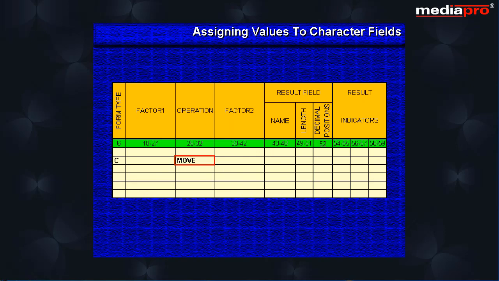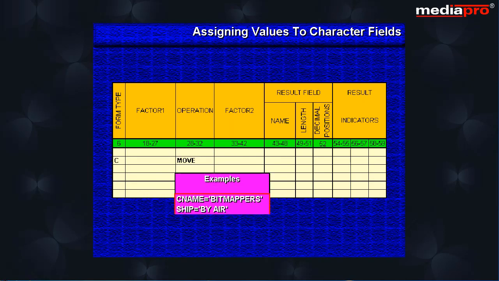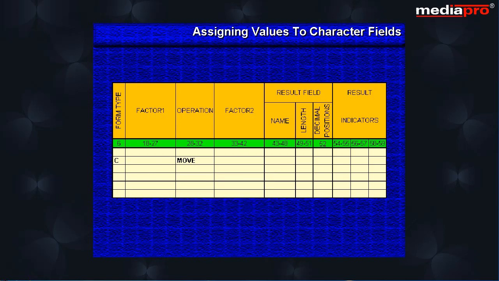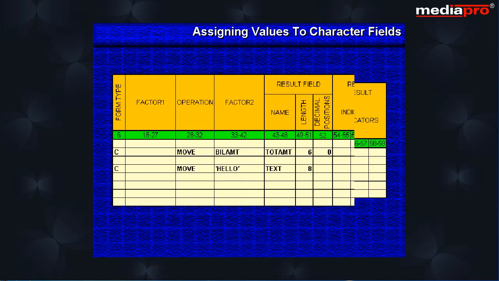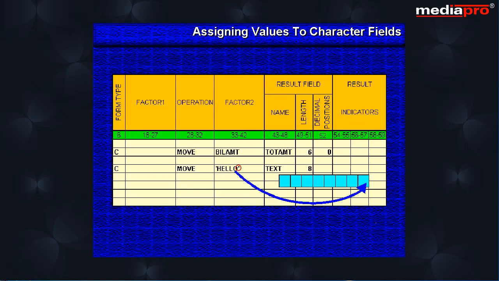The move operation is used to assign a value to a character field. Factor 1 is not used in the move operation. Factor 2 can contain a field name or a character literal coded in apostrophes. The move operation transfers the characters from the field in factor 2 to the result field starting with the rightmost character.